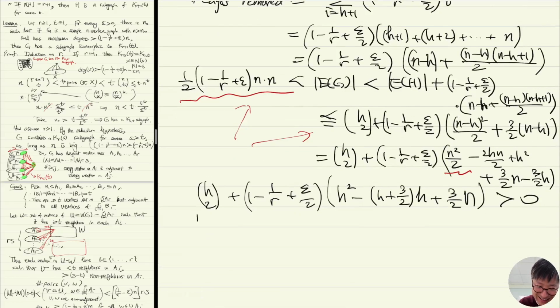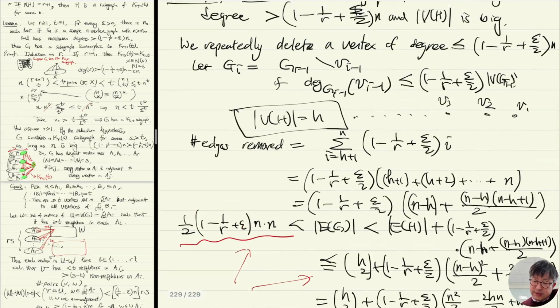H squared over 2. I just need to make sure that h is big if n is big.